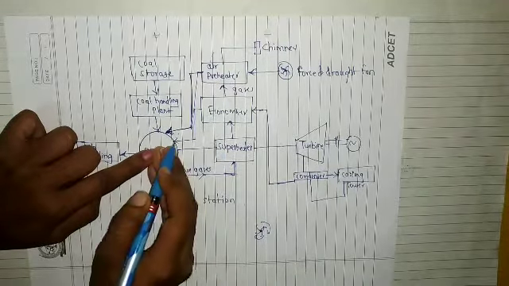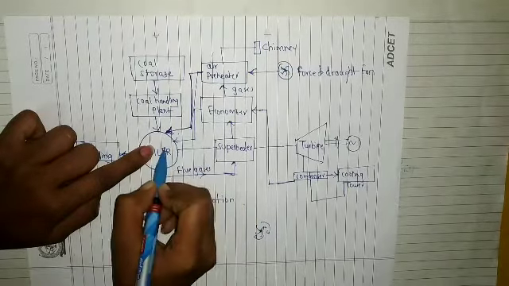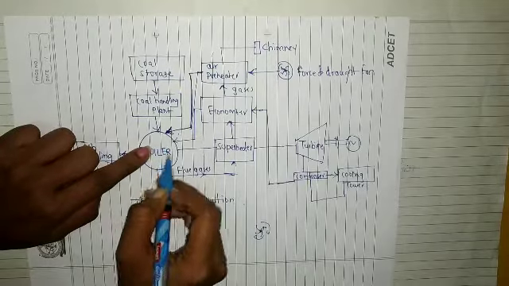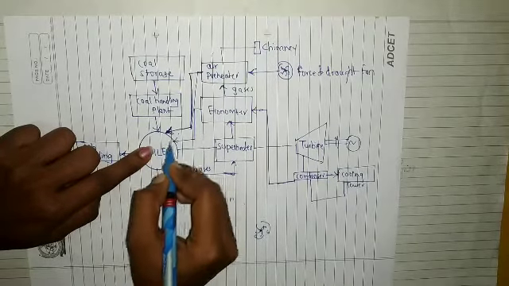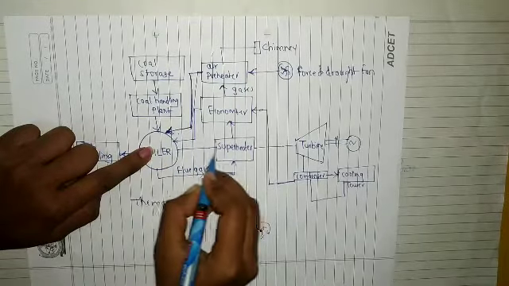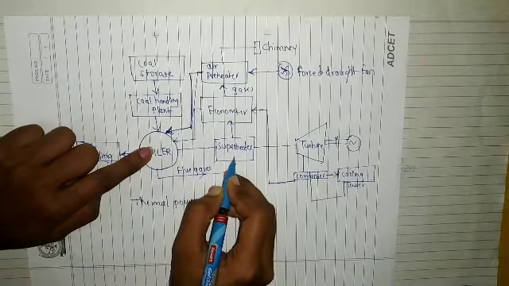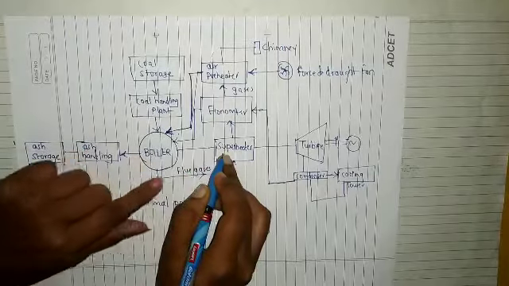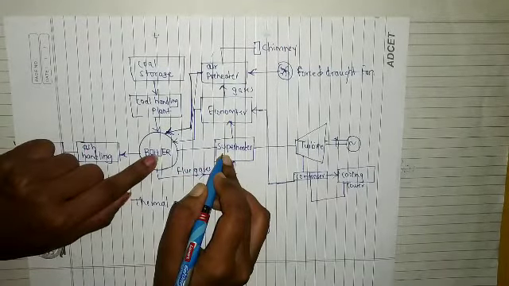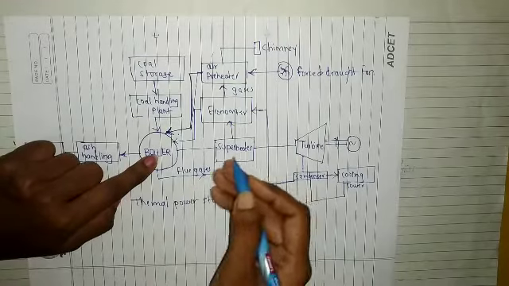Then what will happen to this water? It will get converted into steam because of the heat in the boiler. This steam, whatever we have converted from water into steam, will go to the superheater. The steam which we have produced here is wet steam, right? So we have to make it dry.